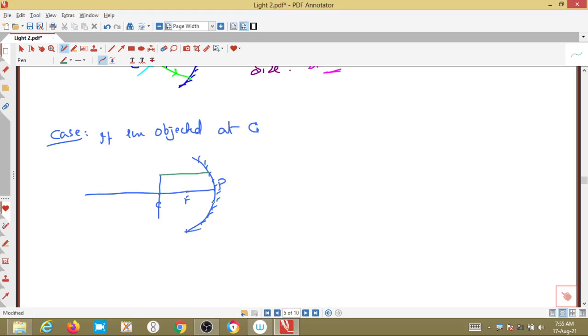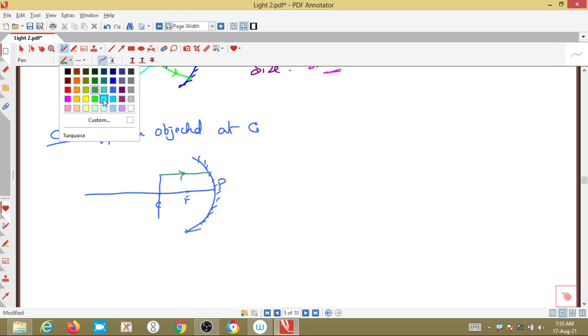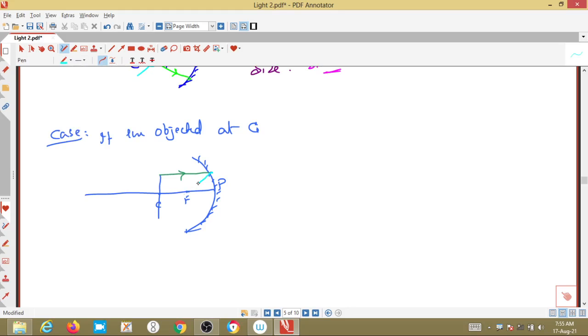Now what will happen? It is reflecting back, right? It is reflecting back through the focus point. This is the incident ray and this is the reflected ray. I will give a different color for this. This is the reflected ray.